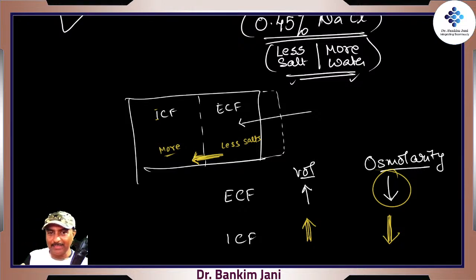And because the ECF osmolarity is what governs the shift of fluid, the fluid will shift from sweeter chai to less sweet chai. So it will go from ECF to ICF, and then the ICF chai becomes peaky. So ICF osmolarity will go down, but because plain water was added, the cup of chai became a bit bigger. So ICF volume would increase. Right? Done. You never go wrong.